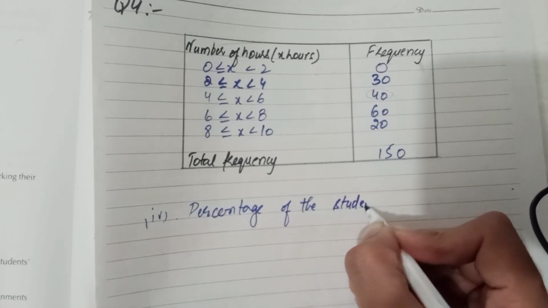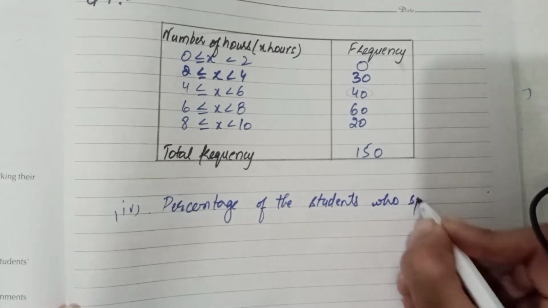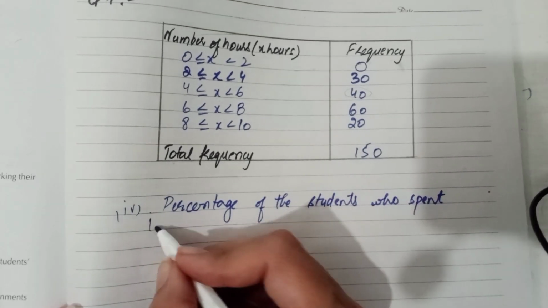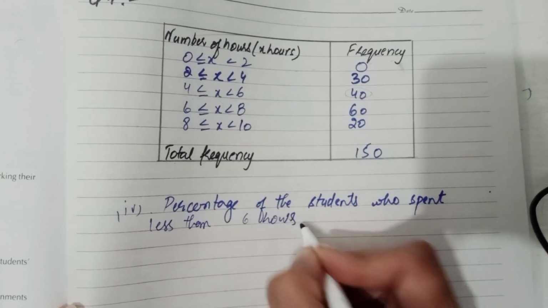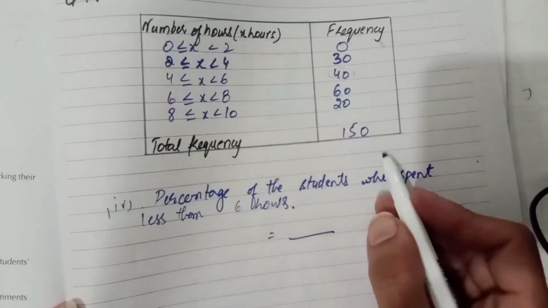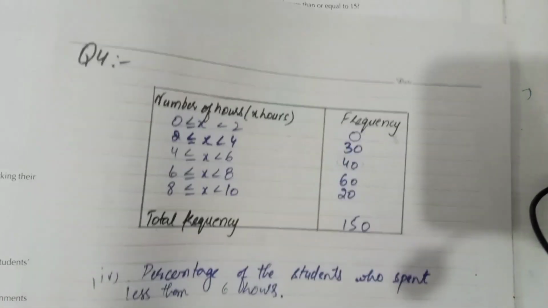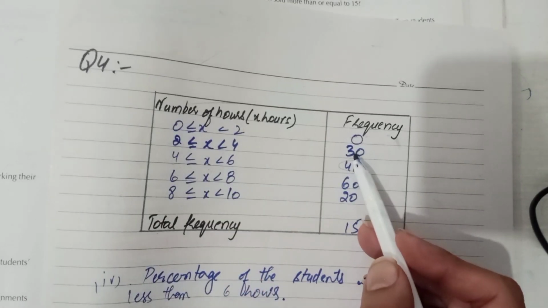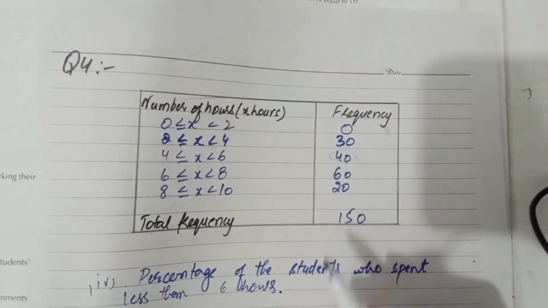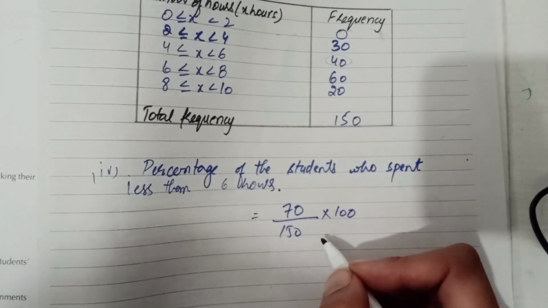The total number of students is 150, and those who spend less than 6 hours, 40, and we add 30 to it. 40 and 30, these are 70, and we have to multiply it by 100 to find the percentage.